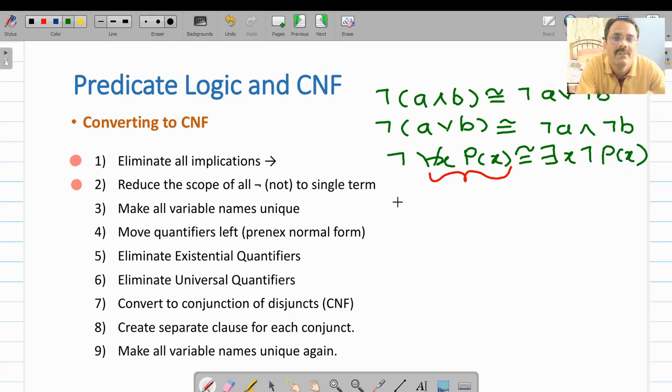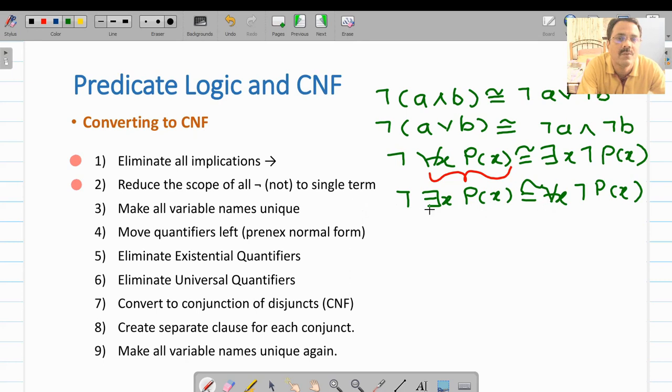Similarly, if you have not there exists X, P of X, by De Morgan's law this is equivalent to: there exists X becomes for all X, not P of X. So there exists becomes for all, and the scope of this not will be with the individual predicate. That's how you will apply step number 2 if required.